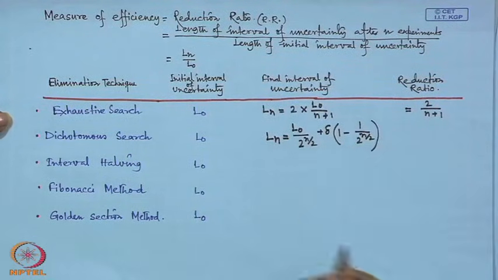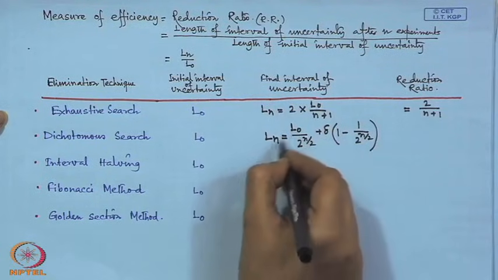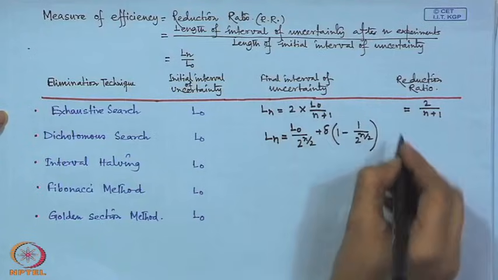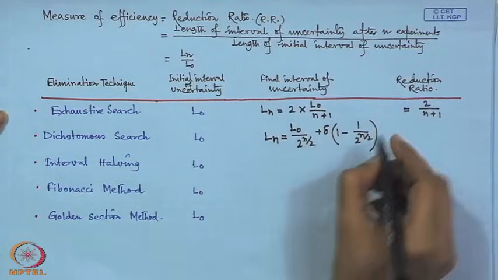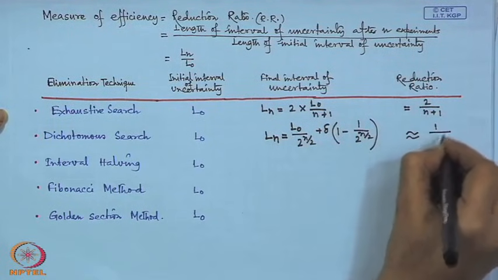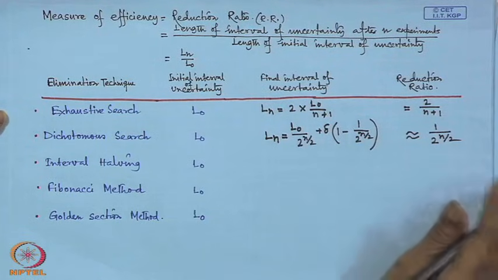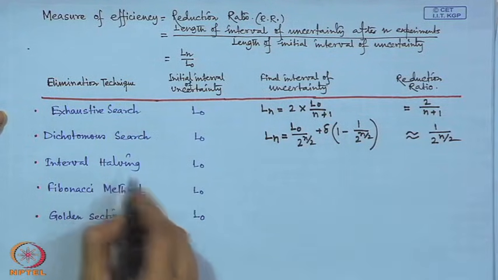This is the final interval of uncertainty. If we see the reduction ratio Ln by L0, delta is very small, that is why we can ignore this part. That is why we can say it is almost the same as 1 by 2 to the power n by 2. That is for the dichotomous. What about interval halving?